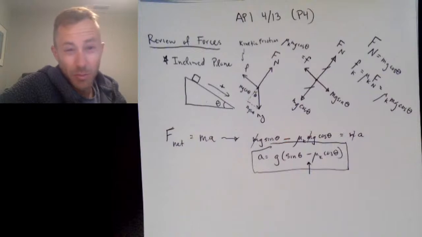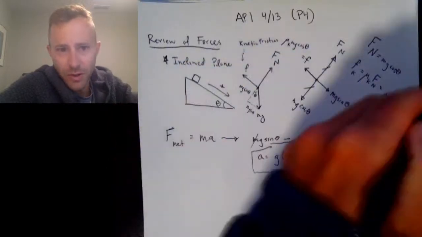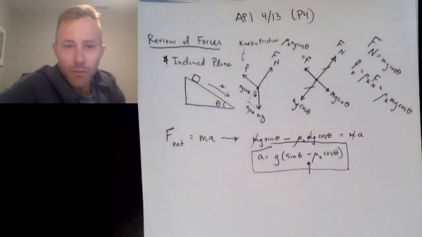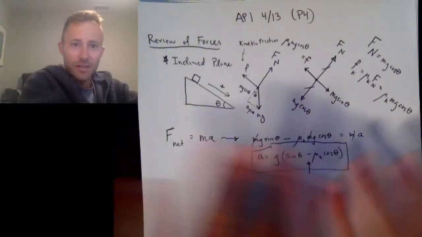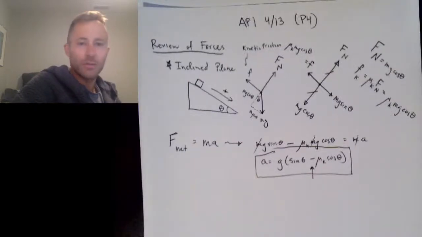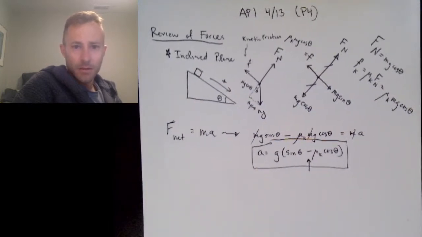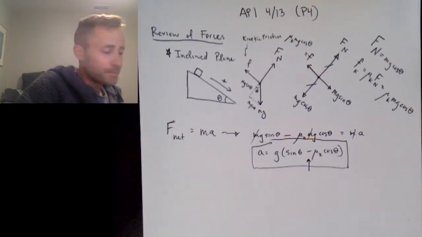When I say master the inclined plane, I mean, can you go through these steps without referencing anything else? So study it, then put the notes aside and try to do the exact same thing that I just did. That's the best way to master that, in my opinion.